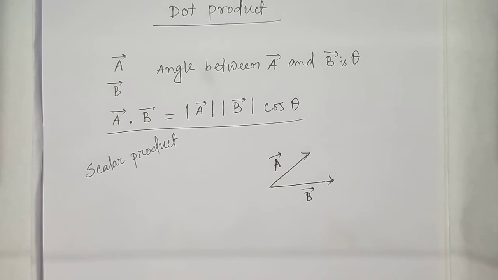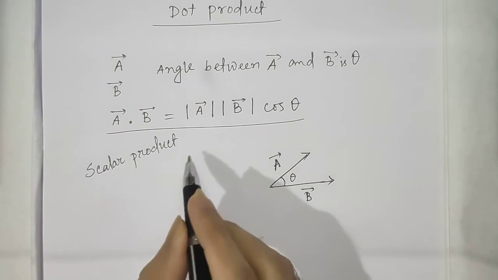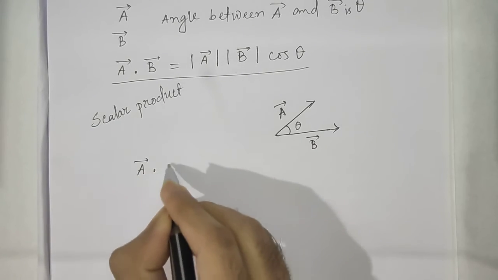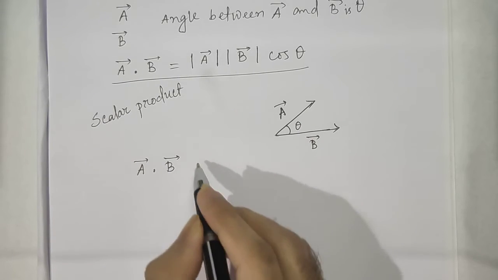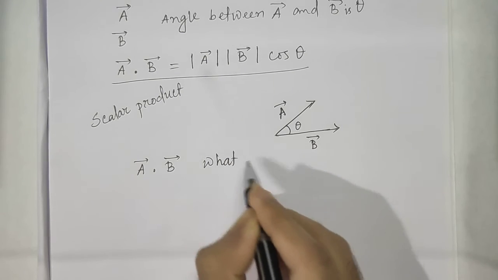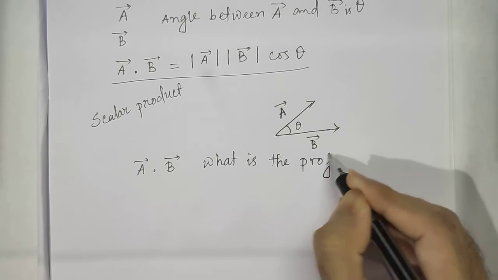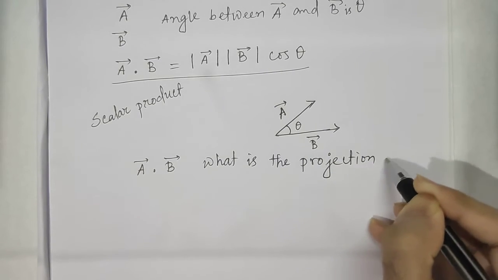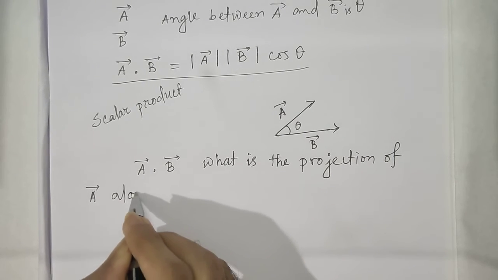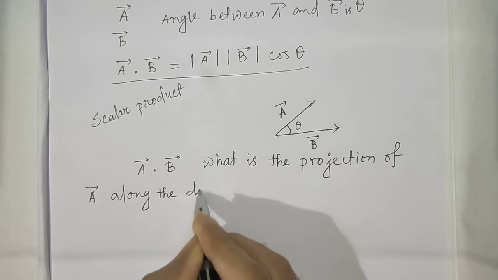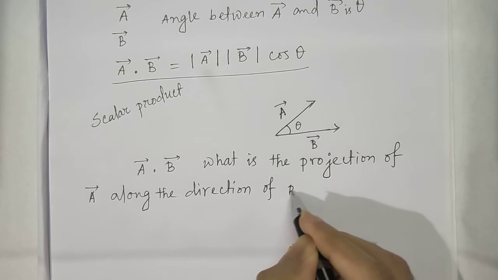Now this angle is theta. So what does this A dot B mean? This A dot B means the projection of A vector along the direction of B vector.